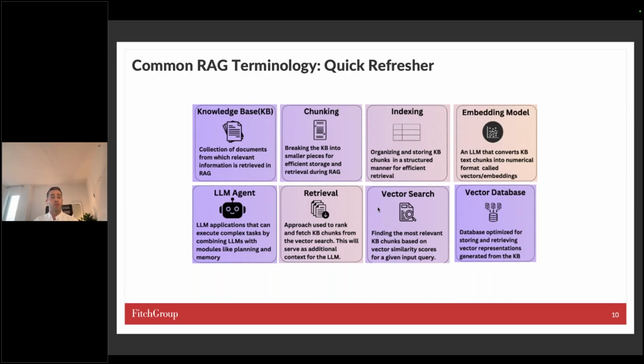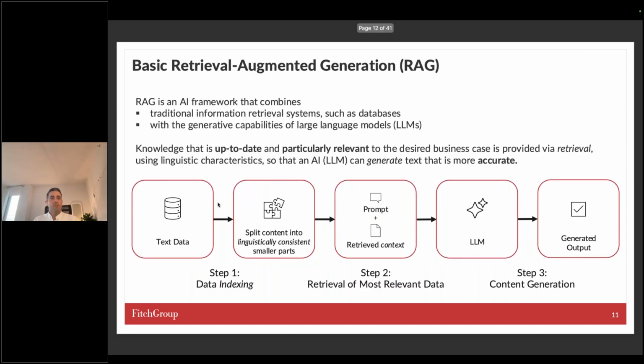Whenever a user asks a question to your AI system, you will retrieve the most relevant ones. And then also, not necessarily, but many applications, and in our case, some of our applications as well, you may have some agentic behavior with the capability to plan or hold some memory in order to enhance your RAG application.